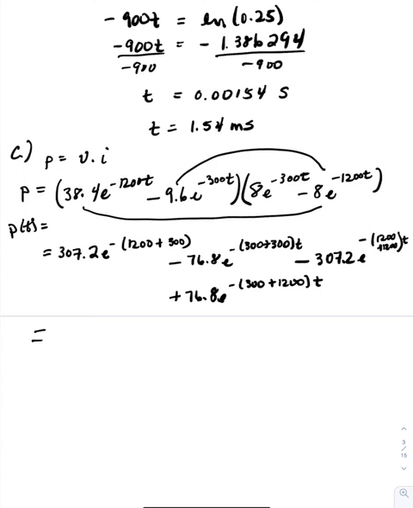All right, so this would be 1500. This would be 600. This is 24. And this is 15.